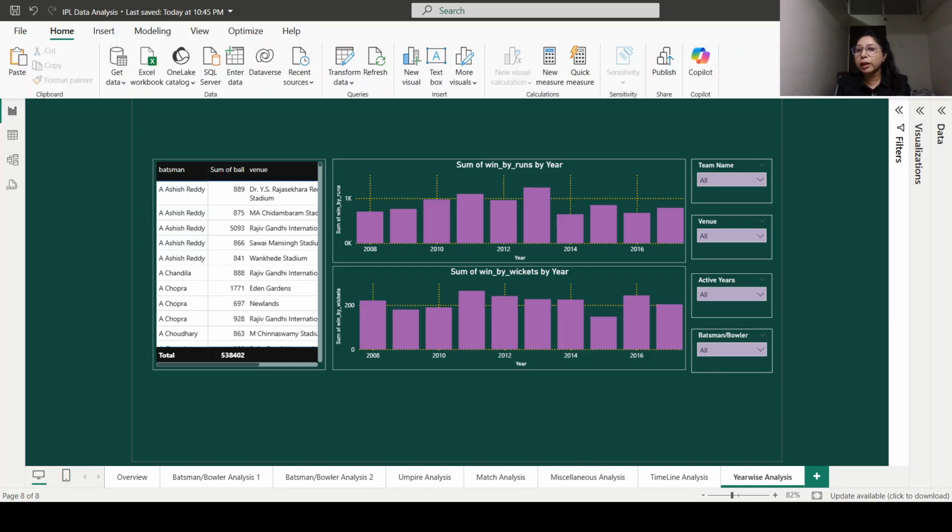Real time data will be more diverse and will have many more factors. So that is one limitation here.